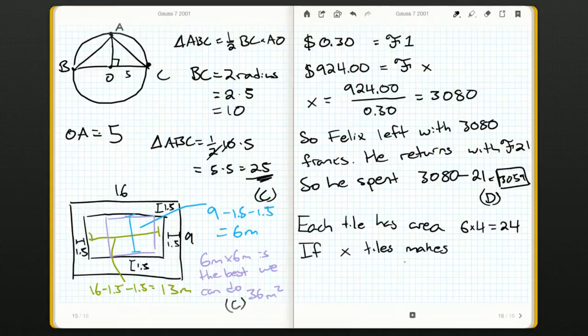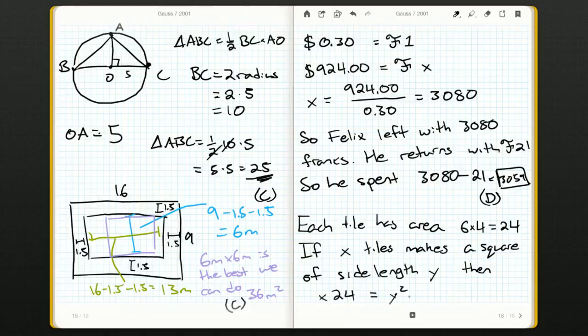Now we don't know how many tiles we have, so we'll give it a name X. So X tiles make a square of side length Y. Then X times 24, because each tile has area of 24, is going to be equal to Y squared.